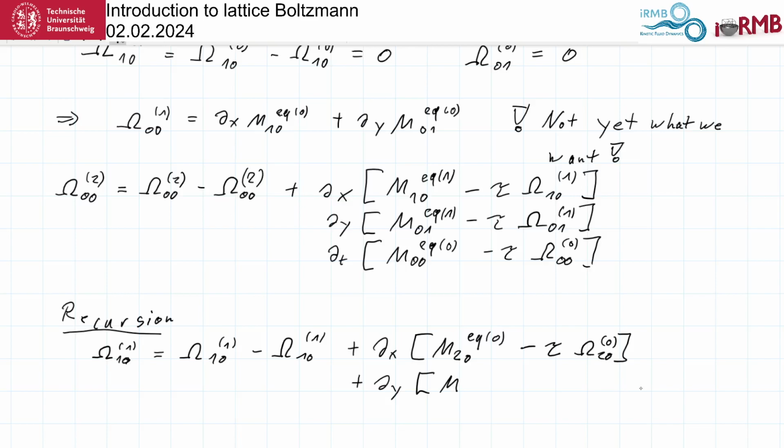So what moment? 0, 2. So we start with A. So what is this? This is A equal to 1, B equal to 0. Yeah?